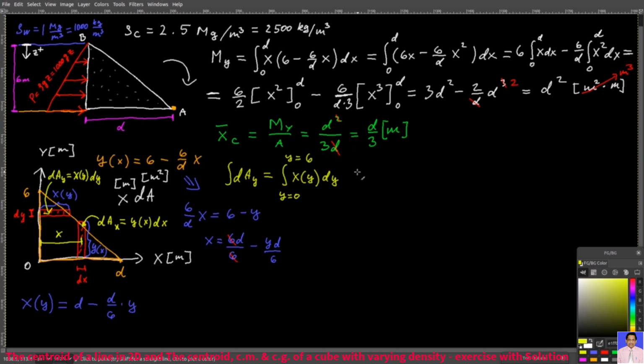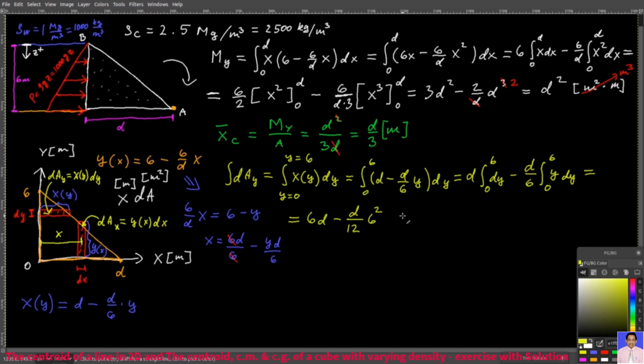You can check that. This will be your integral. You can rewrite it like this. In the end, you will have this result. So you will have 6d minus 3d, and so you will have 3d meters squared. As you can see, the same thing.